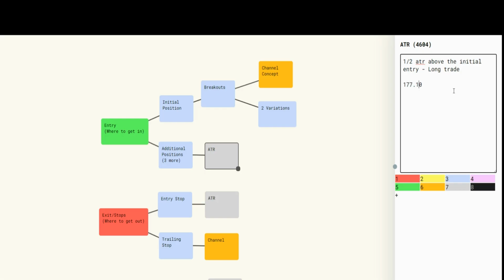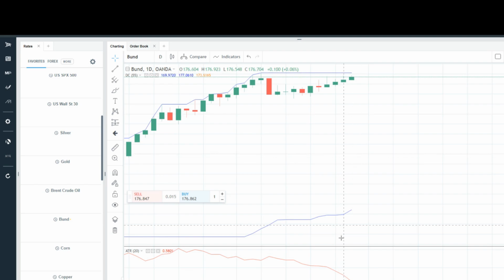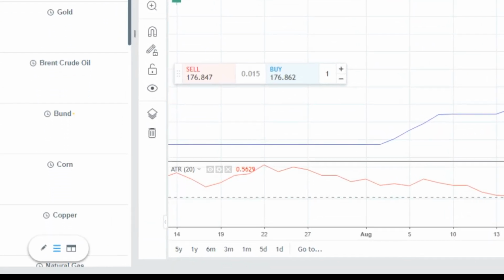So this is our initial entry price. Now we're going to add 3 more positions. Our second one we're going to add at a half ATR above the initial. So here is our initial. What's our ATR? We can go back and read it right here. Our ATR is 0.5629.